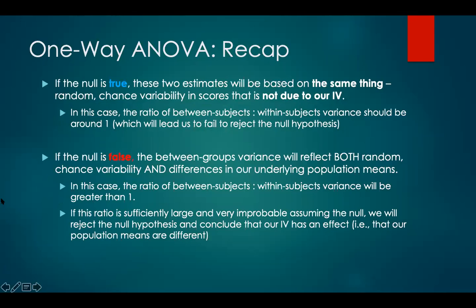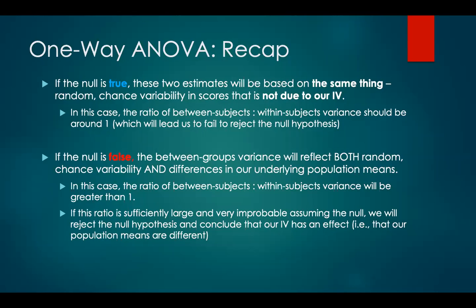So if the null is true, these two estimates will be based on the same thing: random chance variability in scores that is not due to our independent variable. In this case, the ratio of between subjects and within subjects variance should be around 1, which will lead us to fail to reject the null hypothesis.